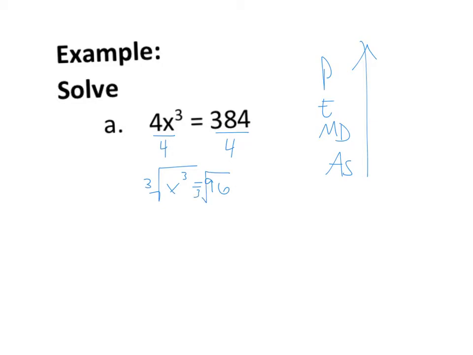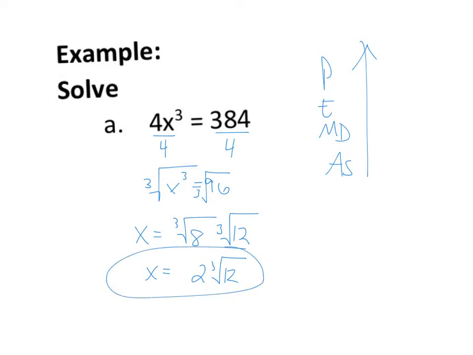Now, cube root of 96 is a decimal if you type that in your calculator. So we have to look at the perfect cubes that go into 96. Well, 8 goes into 96, and it's 8 times 12. Cube root of 8 is 2. There's no perfect cube that goes into 12, so our final answer would be 2 cube root of 12. And x is by itself, so we're done.